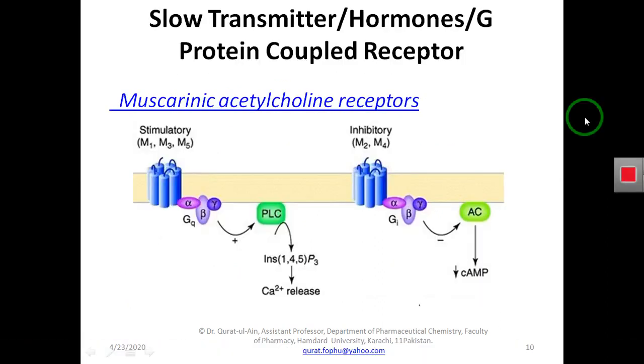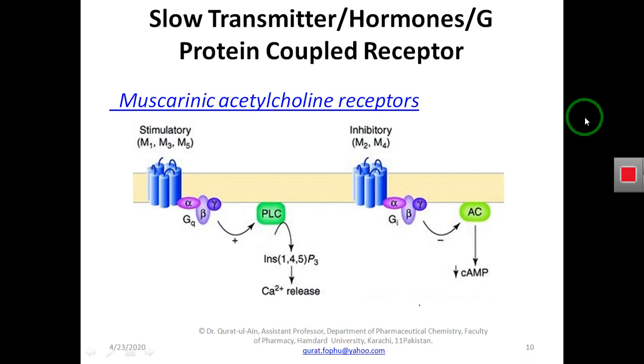Now we will go on to understand the superfamily two type of receptor, that is the G protein coupled receptor, a hormone receptor or neurotransmitter receptor. We term these receptors G protein coupled receptors because, to perform their work, the receptor is coupled with a protein that we term G protein.